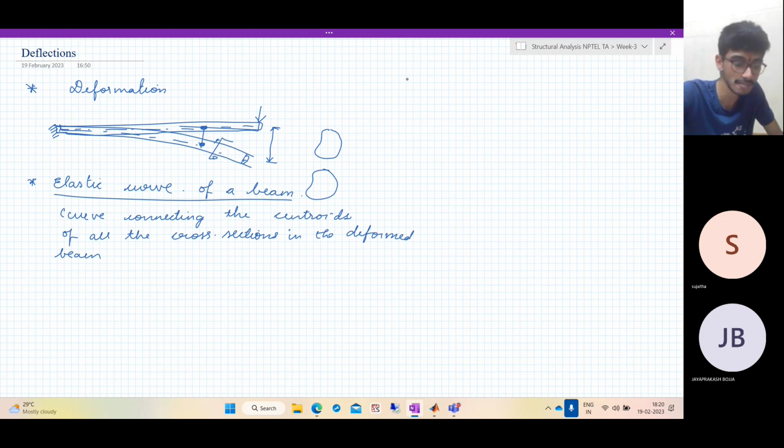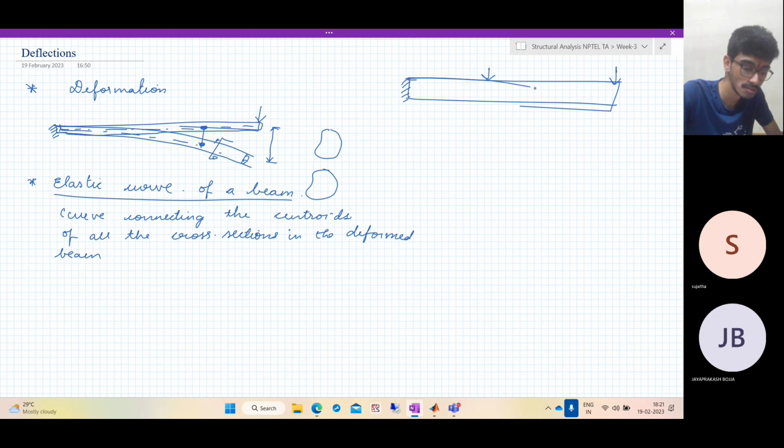So we have a beam like this. You have some boundary conditions. You apply certain loads. It deforms. So this is the deformed beam.